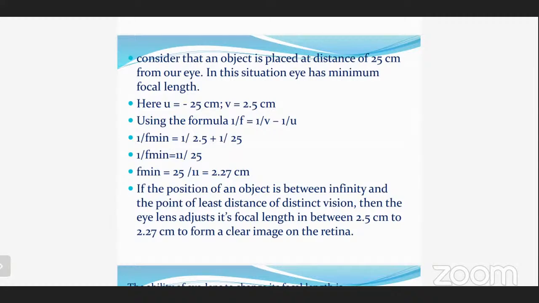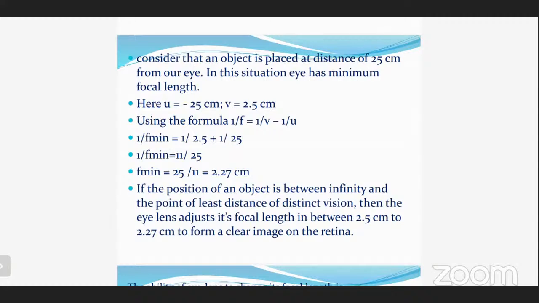Using the lens formula, 1 by f is equal to 1 by v minus 1 by u, substitute the above values. Here it is the minimum focal length, so 1 by f minimum is equal to 1 by 2.5 plus 1 by 25.